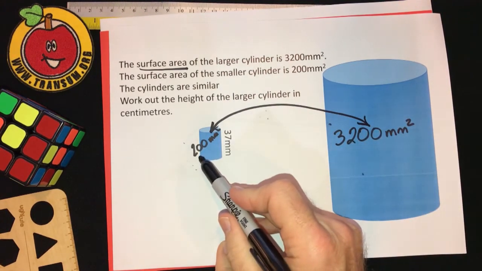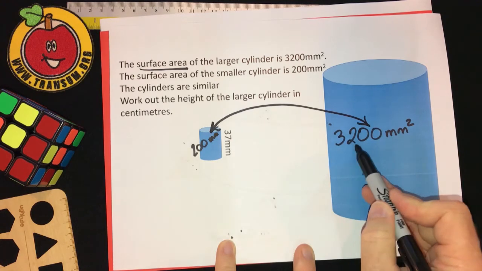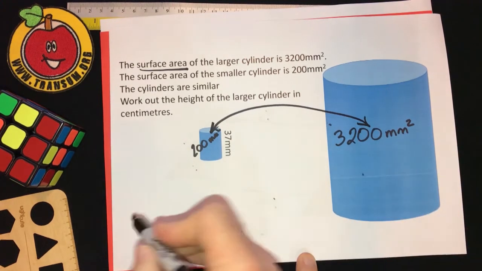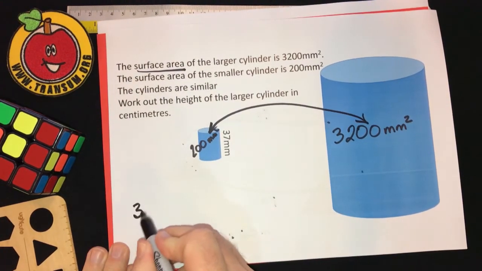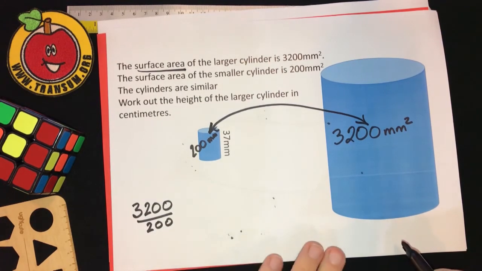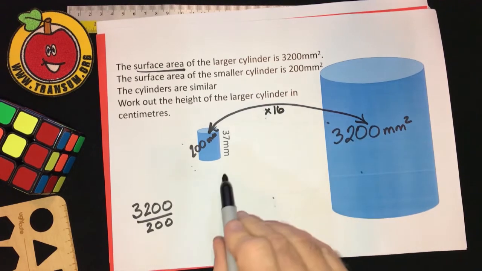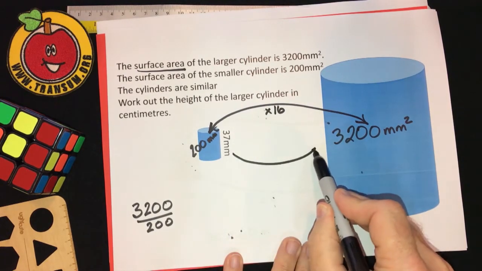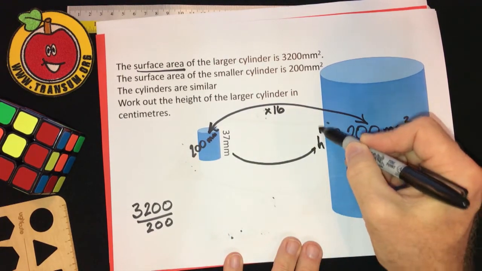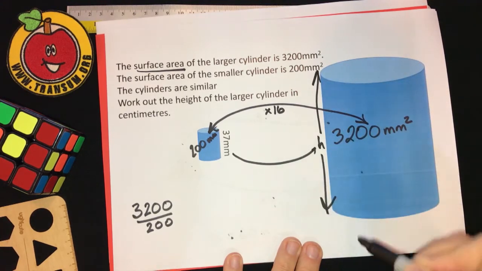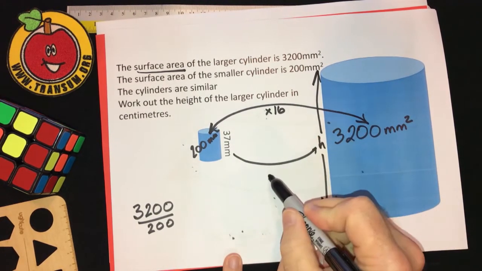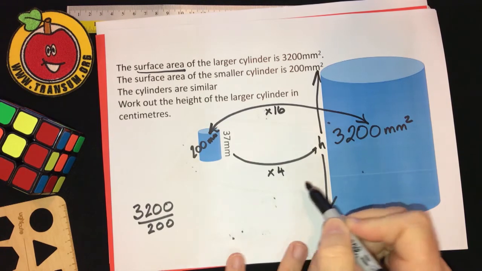So the area factor, we had to multiply 200 by 16 to get that, and you can work that out by doing that division. So we can see that the area is 16 times as big, so the scale factor to get this height here is going to be the square root of 16, which is 4.